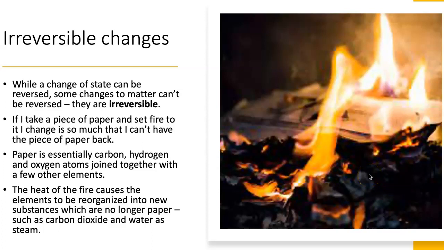You might have some other elements that have gone off as gases as well. But what you've basically done is reorganize the matter. As we'll talk about later, you can't destroy matter, you can't create it, but you can change it. So in this case, we've taken that paper, that carbon, hydrogen and oxygen, and reorganized it. But we can't get the paper back. It's gone. So that change is irreversible.